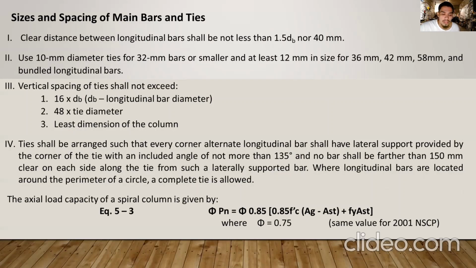The axial load capacity of a spiral column is given by the same formula used earlier to compute the axial loads.